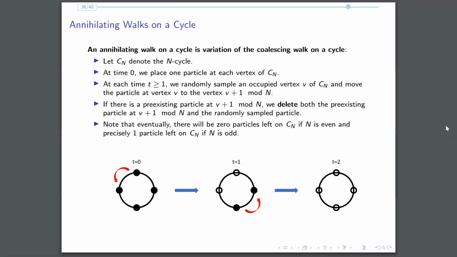If there's already a particle at v plus 1 mod n, we'll simply delete both the pre-existing particle at v plus 1 mod n and the randomly sampled particle, instead of combining both as before. Note that eventually there will be either 0 particles left on Cn if n is an even number, and exactly 1 particle left on Cn if n is an odd number.